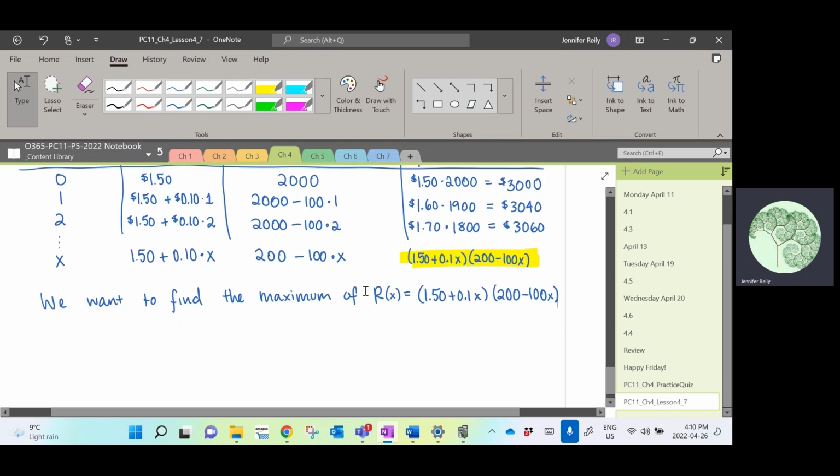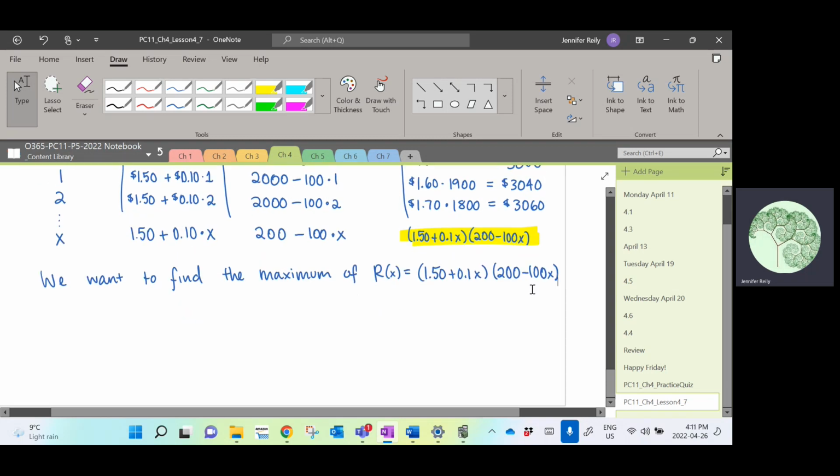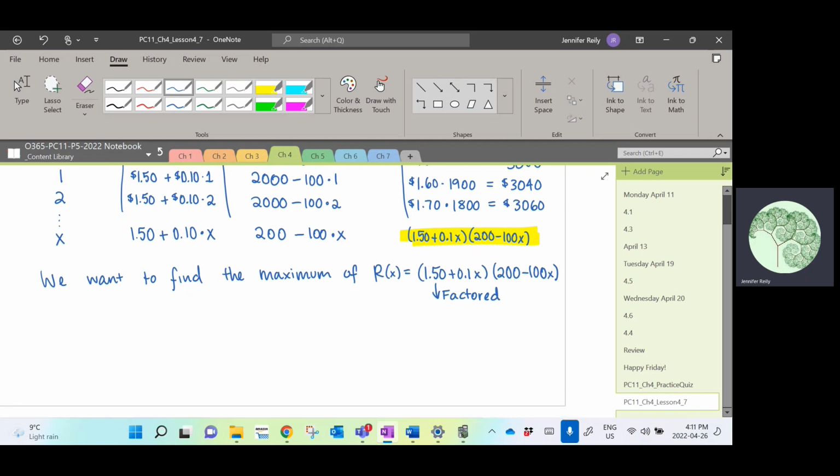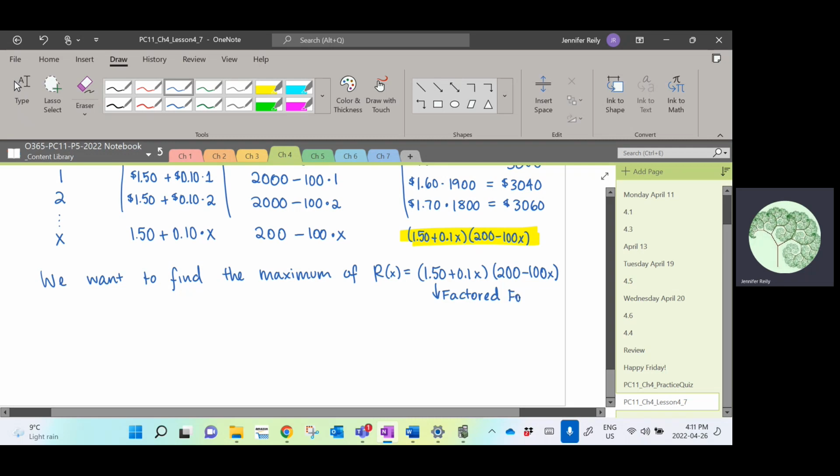So we want to find the maximum of this. So this already is in factored form. The benefit of factored form is that you can find the x-intercepts. So there's two x-intercepts, one making each bracket equal to 0.